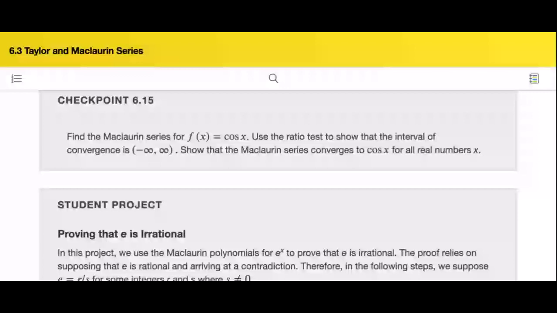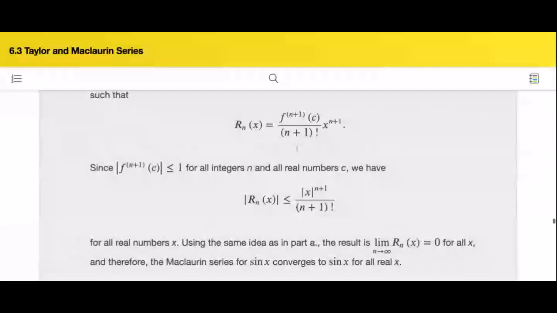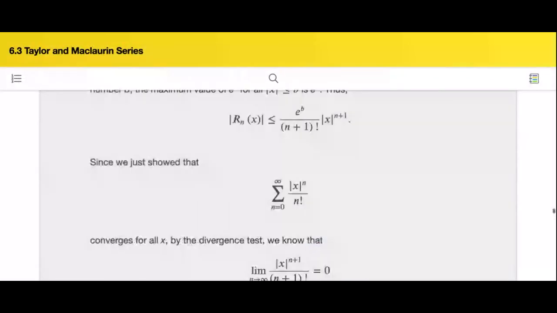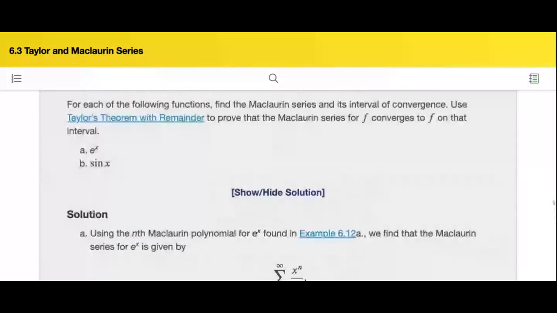All right, this one is very similar to what the book did for sine x. Let's just go back to sine x, because cosine x and sine x are very, very similar. So let's get back to part B, sine x.